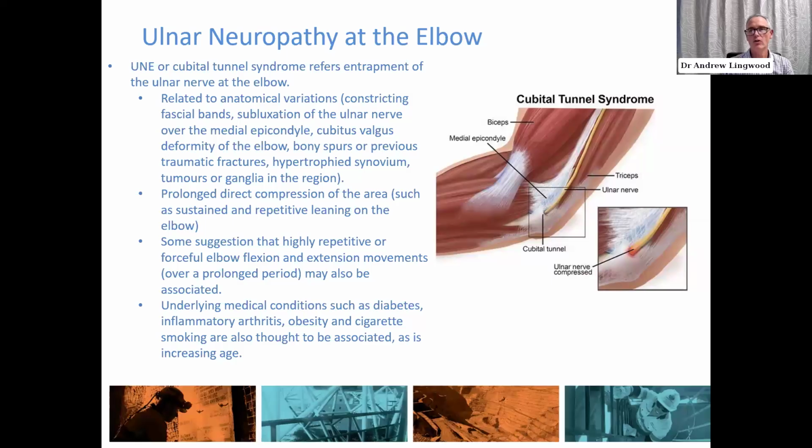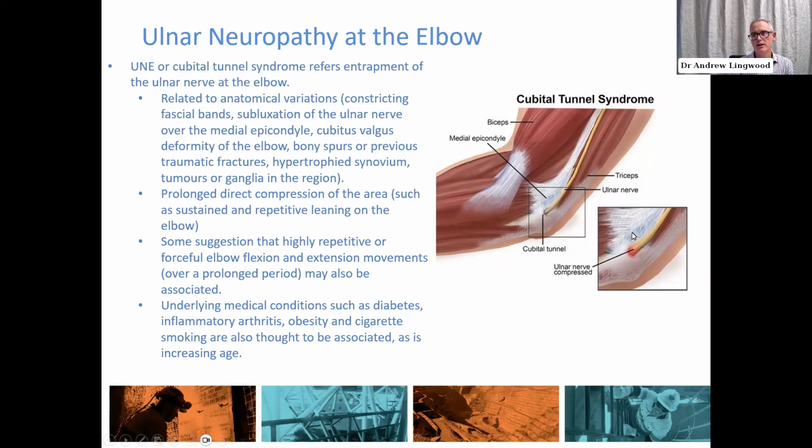This is a condition which, whilst with carpal tunnel syndrome there are certainly some fairly well-defined activity-based things, be they at work or otherwise, that can cause it, ulnar neuropathy is much more strongly related to anatomical or underlying constitutional factors. There are a bunch of things around the elbow, these fascial bands.